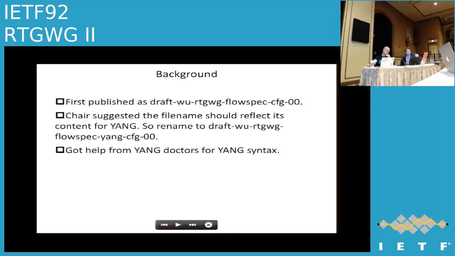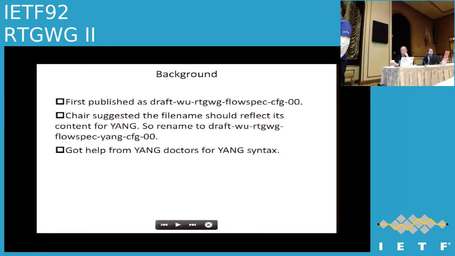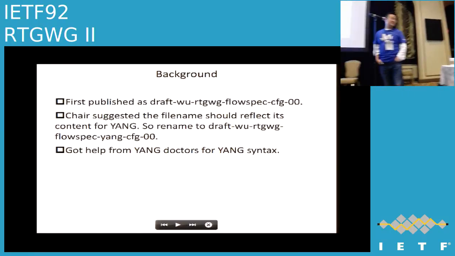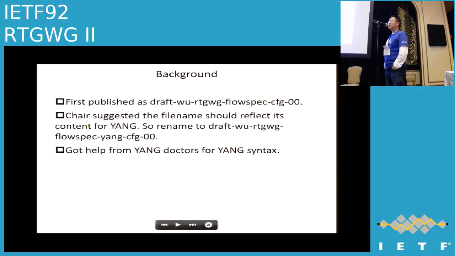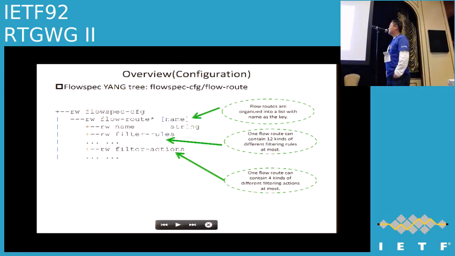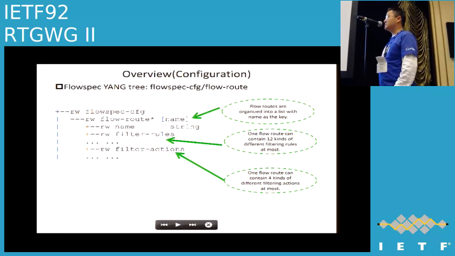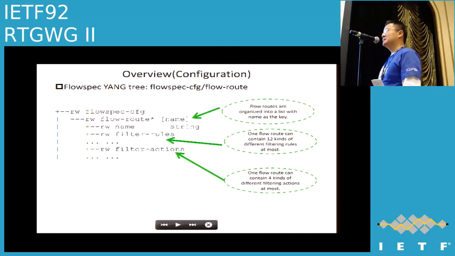Okay, this is the main skeleton for the configuration part, which includes the flow specification route, organized into a list with the name as the key, and includes two main parts. One is filtering rules, the other is corresponding actions.